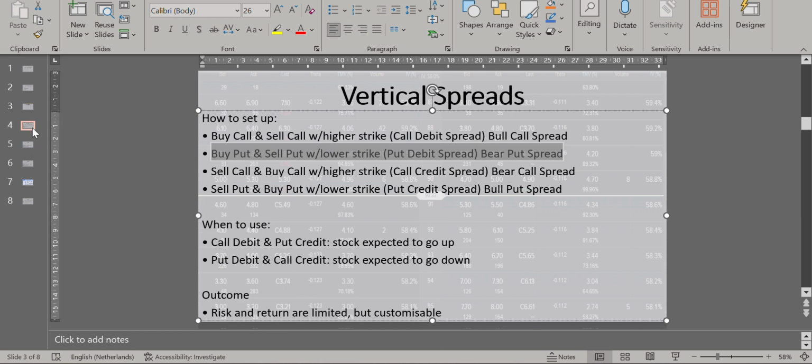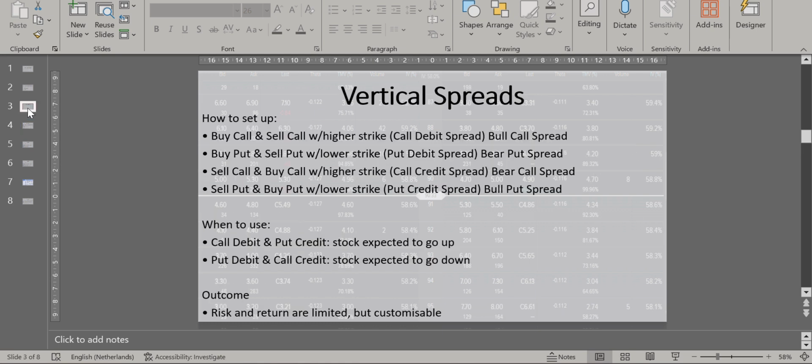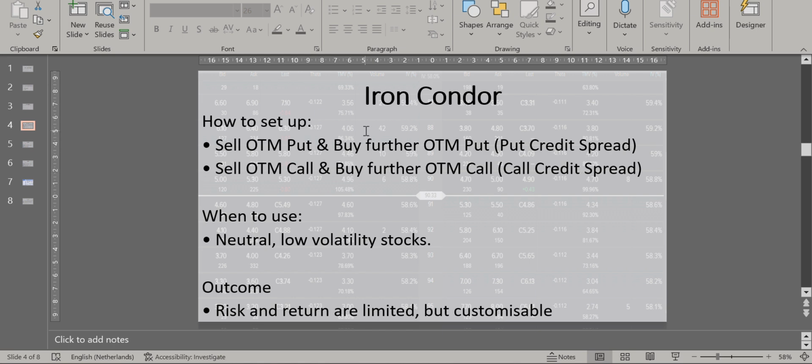Now, moving on to the next one, which is basically a combination of vertical spreads, because as you can see in the vertical spreads, you can use calls or you can use puts. The next one, called the Iron Condor, is a strategy in which you put a spread on the side of the puts, both out of the money, and you use another vertical spread on the side of the calls, also out of the money.